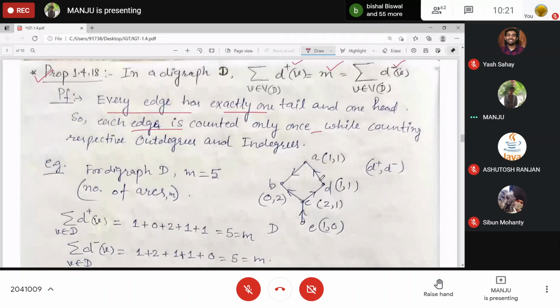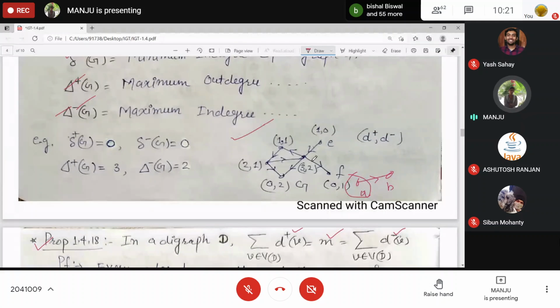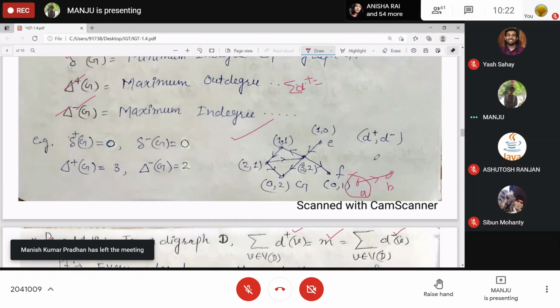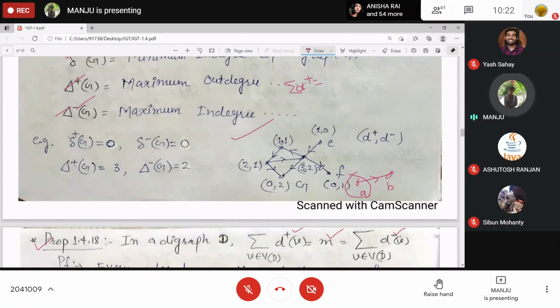Clear? You can see over here, you can check it. Summation of out degrees. First, tell me the number of arcs M, the size of this digraph G. 7 arcs. Summation of out degree: out degree we are just writing for the first place in the ordered pair.